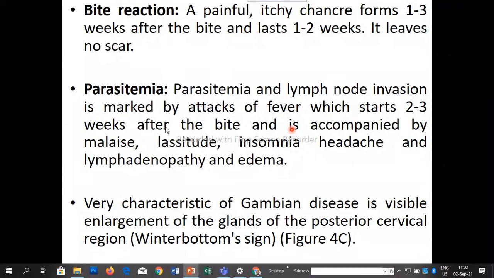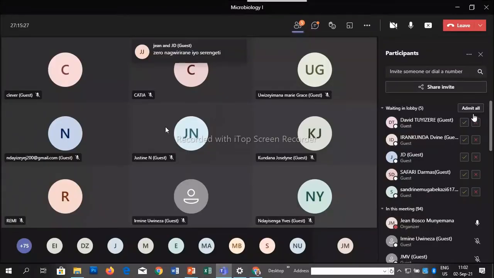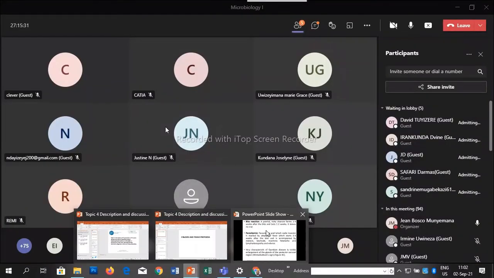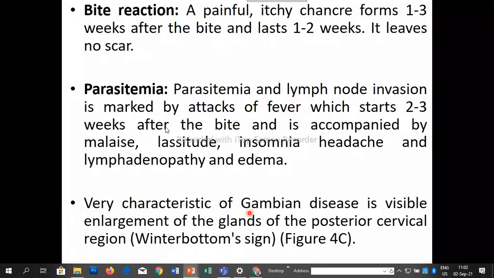While parasitemia, or presence of the parasite in the bloodstream as well as the lymphatic tissue, and the lymph node invasion is marked by attacks of fever, which start 2 to 3 weeks after the bite, and is accompanied by malaise, lassitude, insomnia, headache, lymphadenopathy, and even edema.